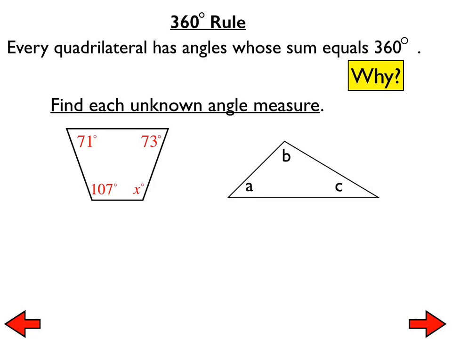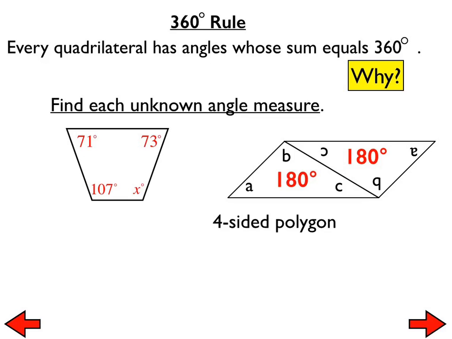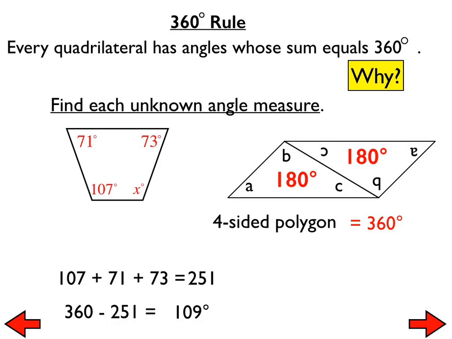If I take a triangle, which now this is about the fourth or fifth time we've seen this triangle, and I put another one right next to it, each triangle, the sum of the angles is 180 degrees. So if I put them together, I now have 360 degrees. So any four-sided polygon, any quadrilateral, when you add up the interior angles, they add up to 360 degrees.